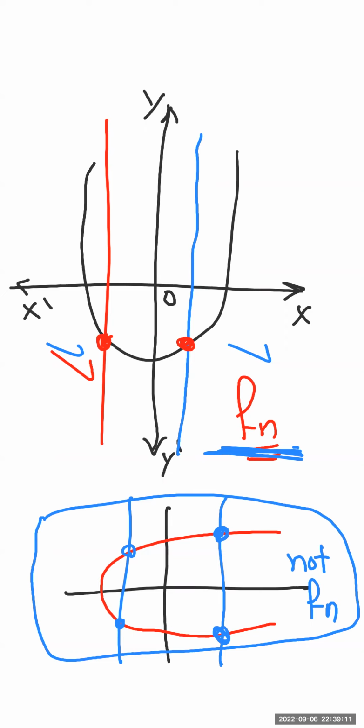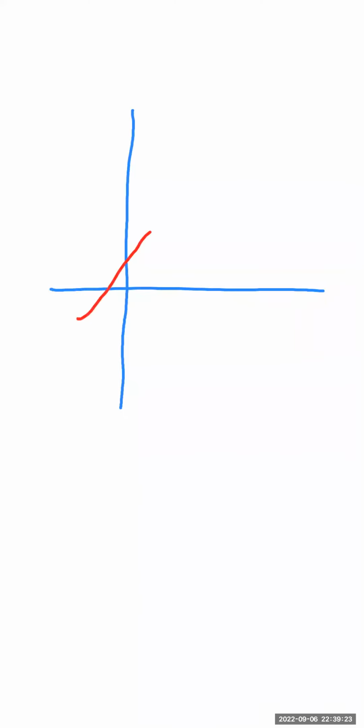Okay, let's check some examples like this. If there is a relation like this one, represented by a curve in this form, my question is: is this one a function or not?